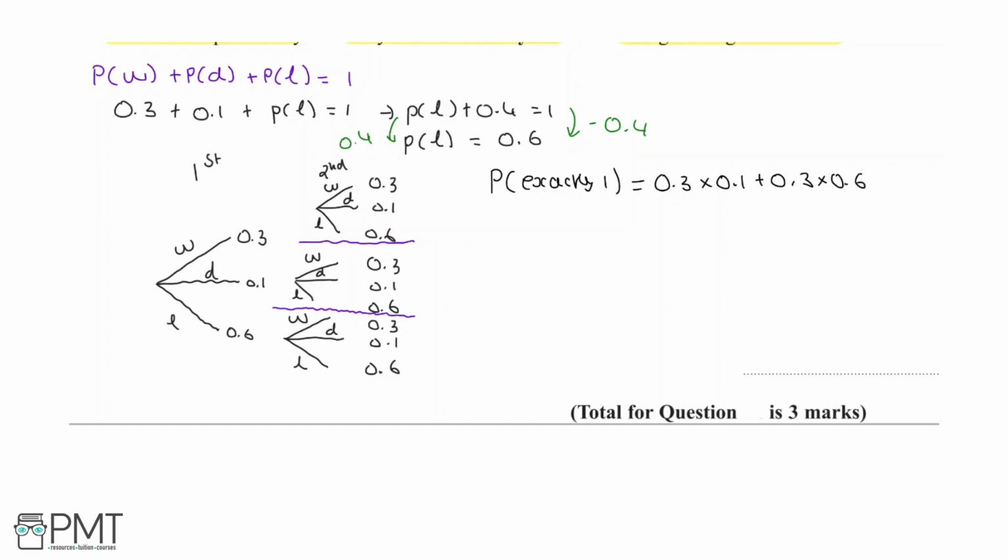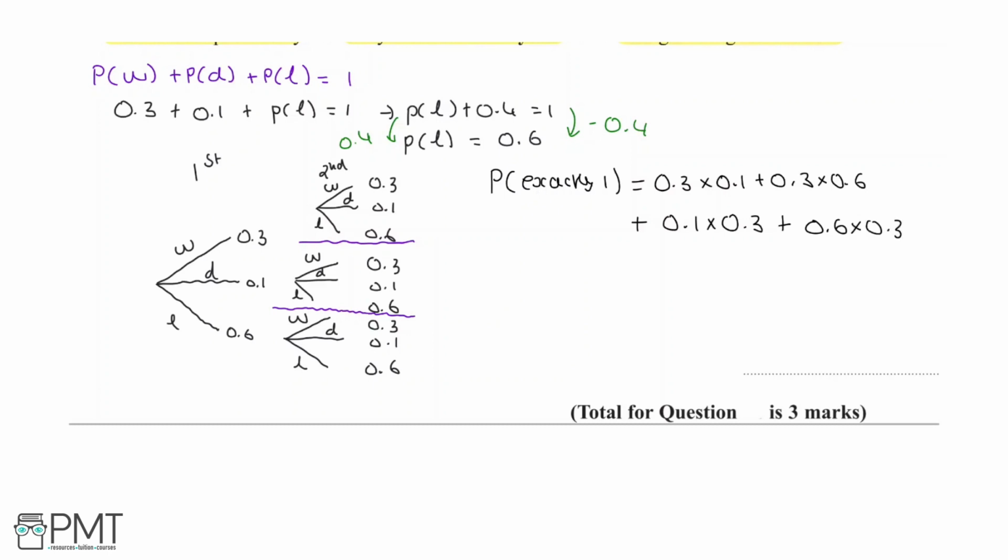Okay, so those are the first probabilities. Or she will draw her first and win her second, or she will lose her first and win her second. Okay, plus, because we're dealing with or, we will use the plus operator, plus 0.1 times 0.3 plus 0.6 for losing times 0.3 for winning the second one.